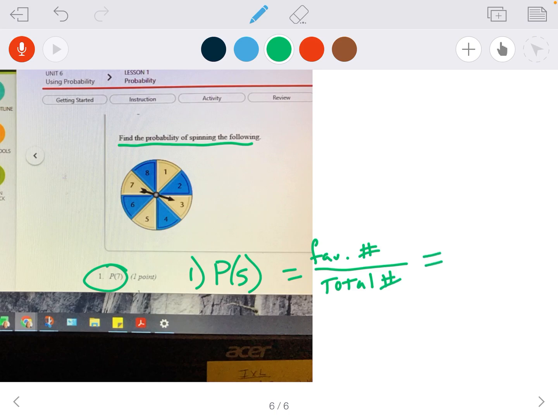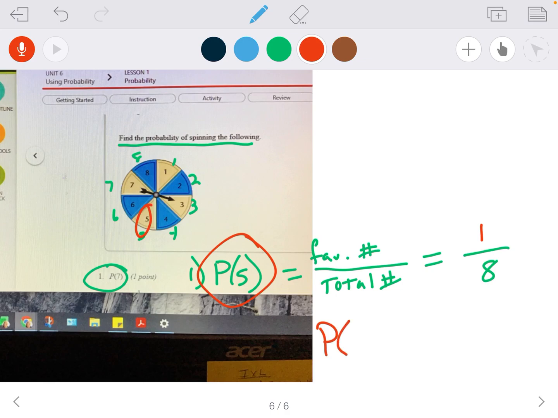So if you're looking at the spinner, how many numbers are there? 1, 2, 3, 4, 5, 6, 7, 8. So there are 8 possible answers. So 8 is my denominator. And I'm asking you the probability of 5. How many 5s are on this spinner? 1. Okay.